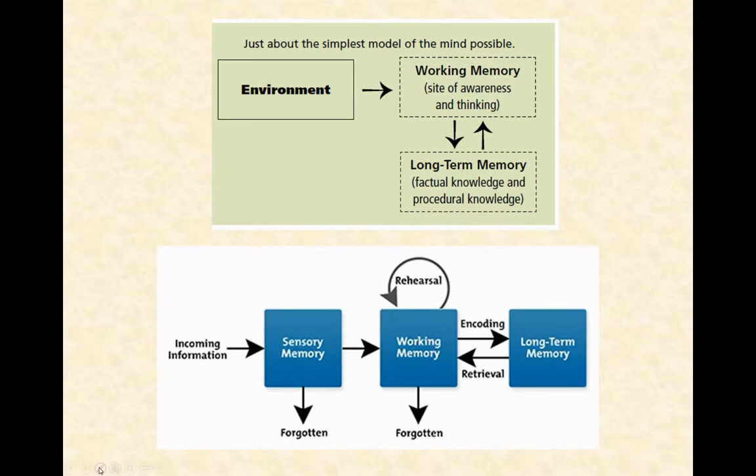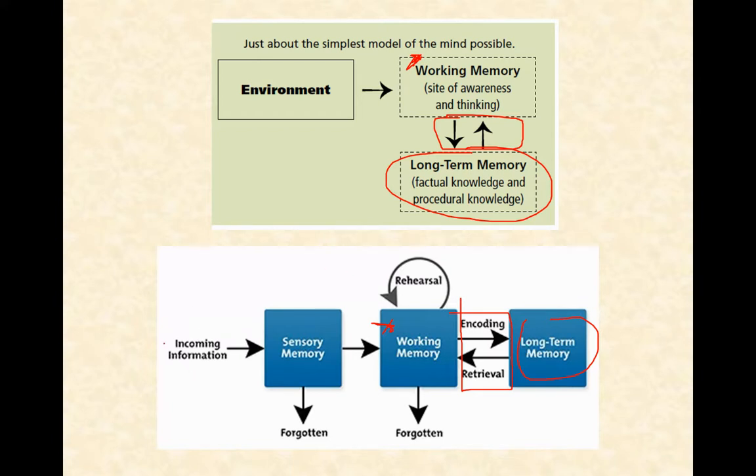Here we have working memory, and again down here we've got working memory. We have long-term memory down here and long-term memory up here, and we see these arrows are bidirectional between working and long-term memory.